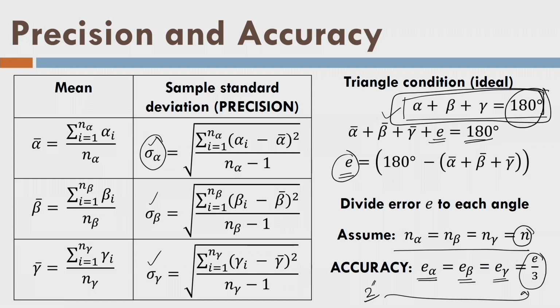So if you want to purchase a total station now, what will you look for? Let us say that the vendor, or manufacturer of the total station, claims that his instrument provides 2-second accuracy. So ask him to perform a simple triangular experiment, where he observes the angles alpha, beta and gamma at the 3 vertices of a triangle.